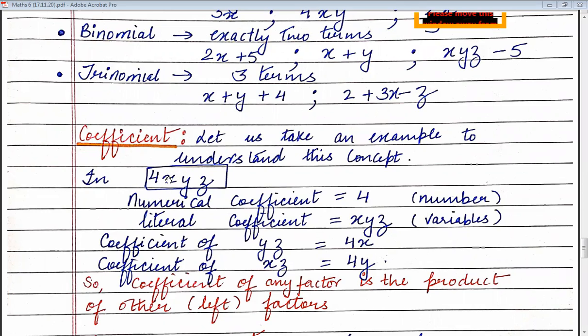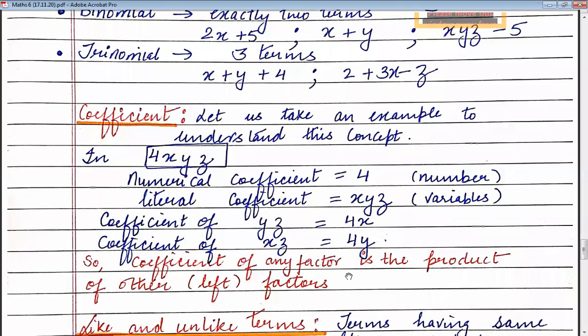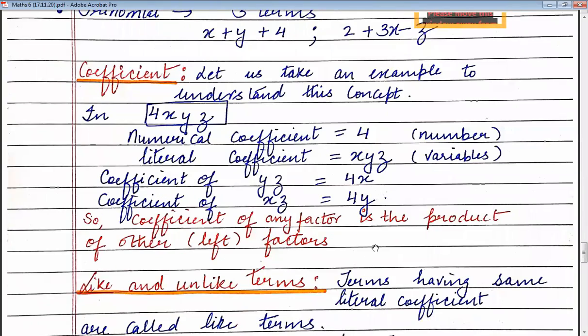Obviously you will tell the coefficient of 4x is yz, the rest of the third part. So we can say that the coefficient of any factor is the product of the other factors which are left.